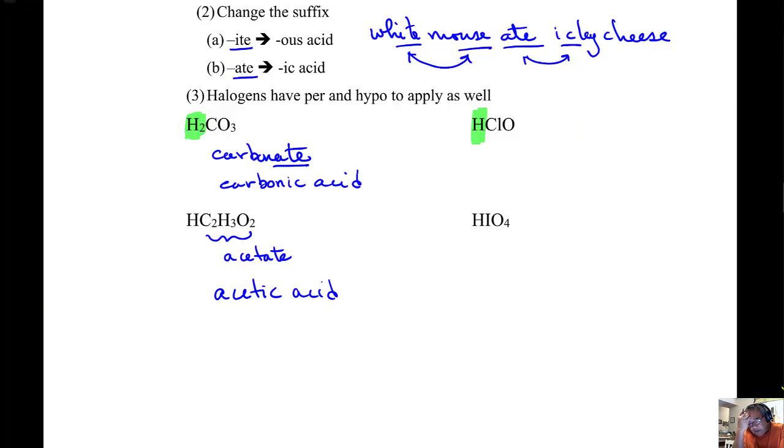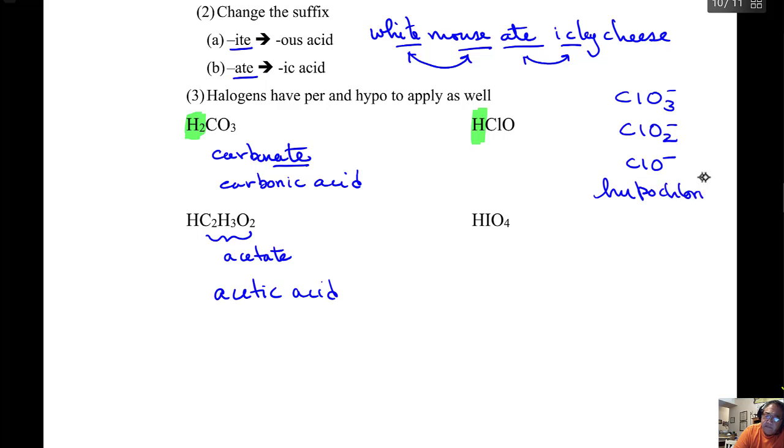So now what I'm going to do is say, well, this is chlorate, ClO3 minus, so chlorite would be ClO2 minus. So ClO minus is hypochlorite. Oh, ite. And this would be hydrogen hypochlorite if it's named as a molecular compound.